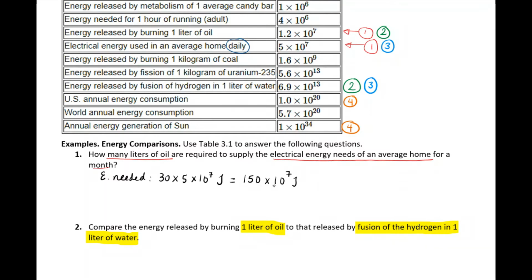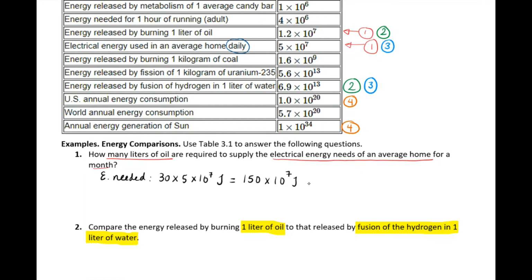This is really the needed energy for a month, and you want to convert it into liters of oil. The amount of energy released by 1 liter of oil is 1.2 times 10 to the 7, so 1 liter of oil is equal to this much energy.